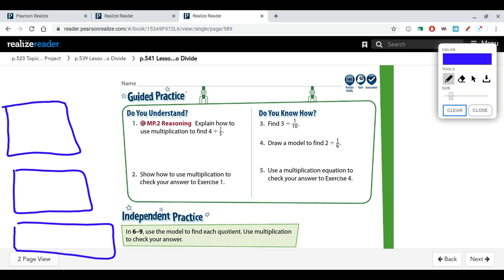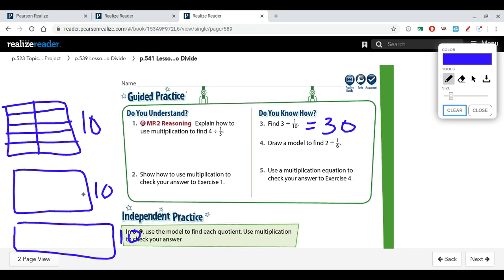First I'm going to divide it into fifths: 1, 2, 3, 4. So there's my fifths. I'm going to divide each in half. Now I have my tenths: 1, 2, 3, 4, 5, 6, 7, 8, 9, 10. So here I have 10, which means in this one I'm going to have 10, and in this one I'm going to have 10. So I will have 30 as my answer.